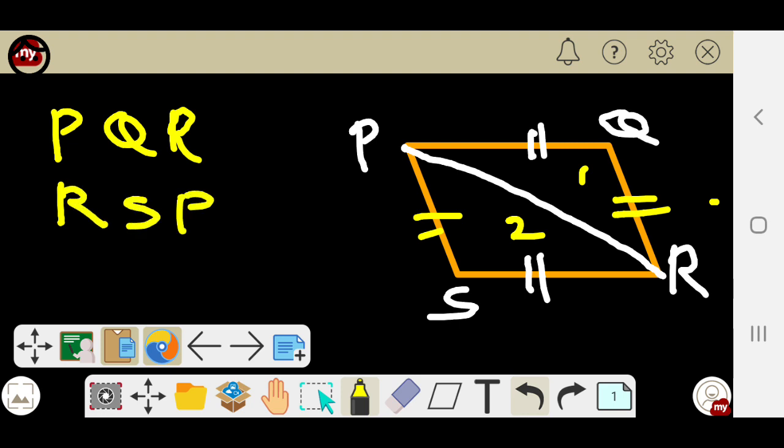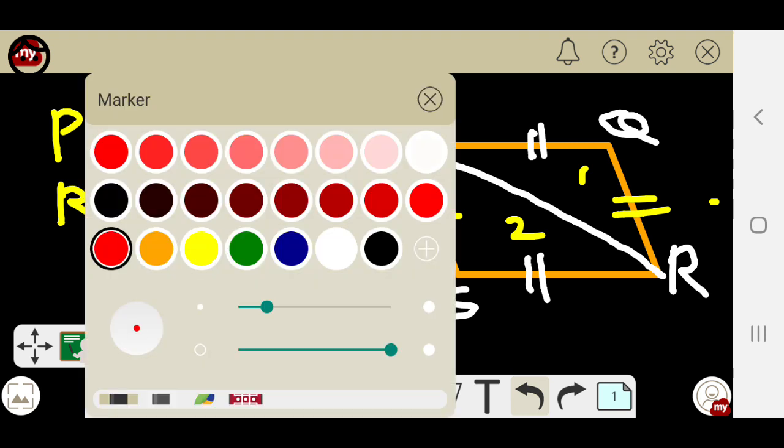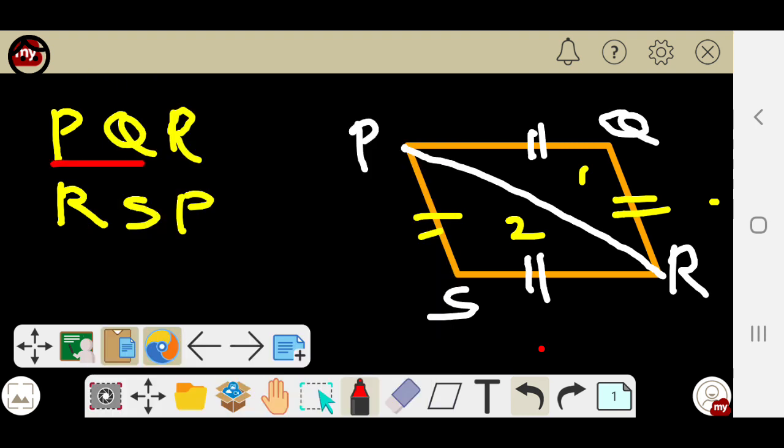PQ equals RS. It is given that PQ equals RS, and PR is the same as RP, so PR and RP are equal.